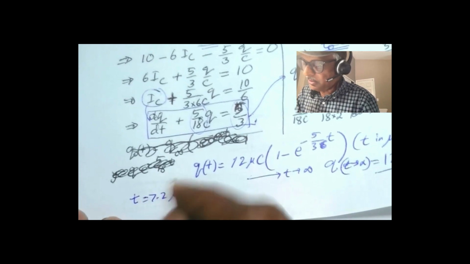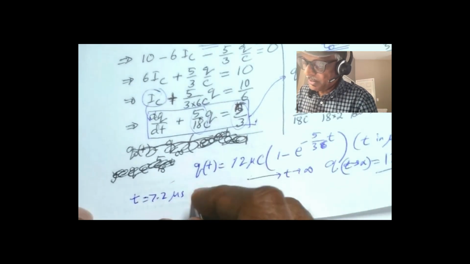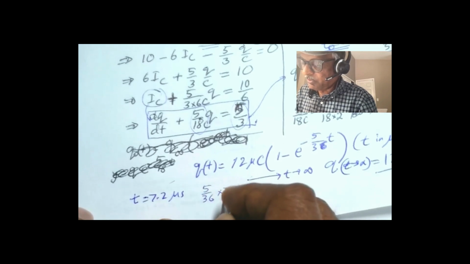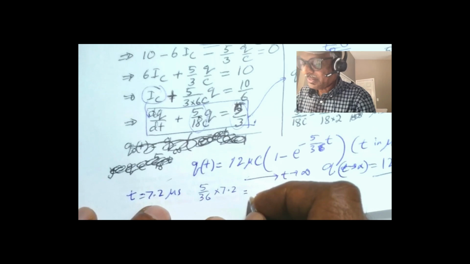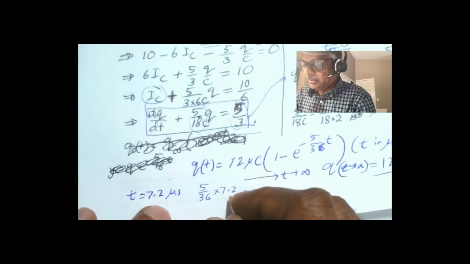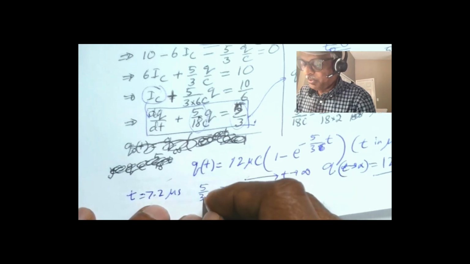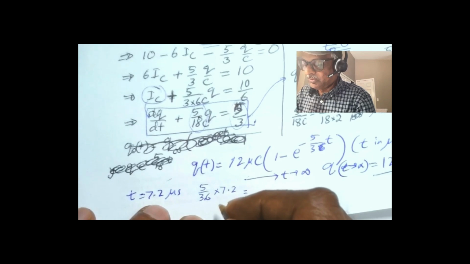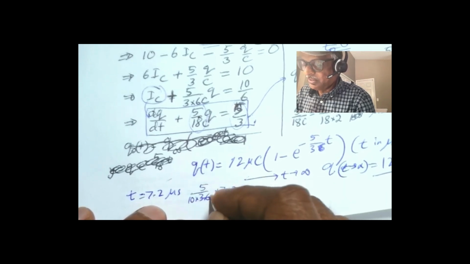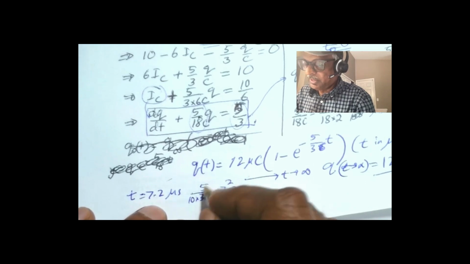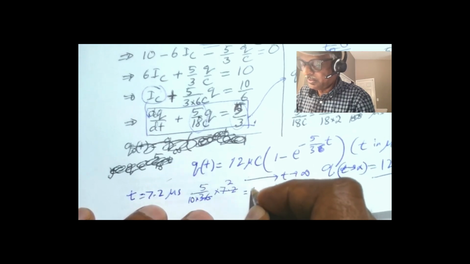Then I'm going to get 5 over 36 times 7.2, so if it was 3.6 times 10, then this will be just 2, and 10 to the 10 is just 1.